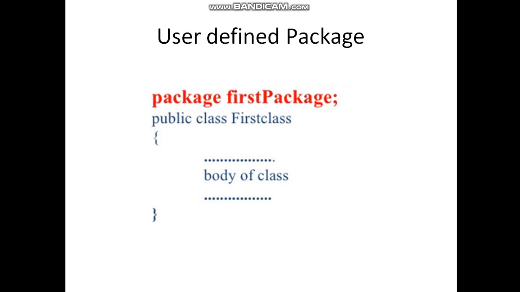Now, once I define a package like this, whatever classes and interfaces I am defining inside this package become a part of the package, first package. For example, this particular class, first class, defined inside the package, is a part of the package first package. Like this, you can define any number of classes or interfaces within this package, so that all of them become a part of that particular package.